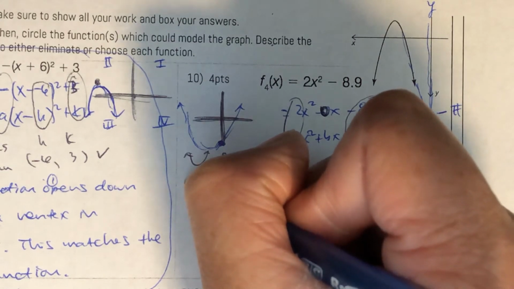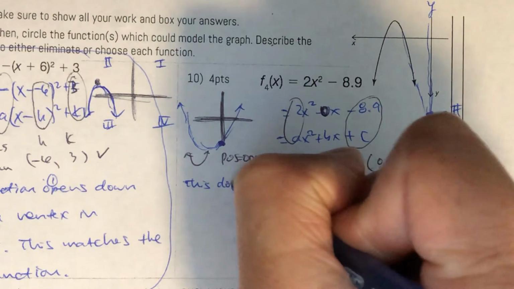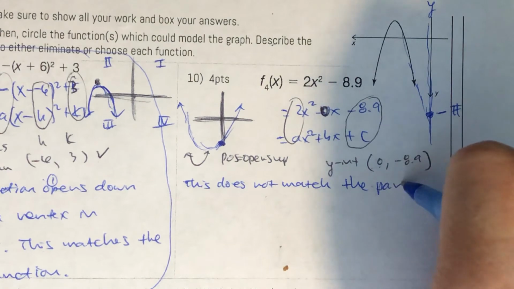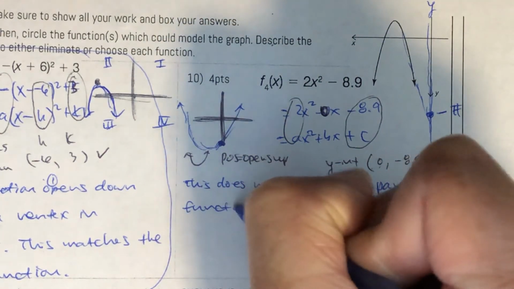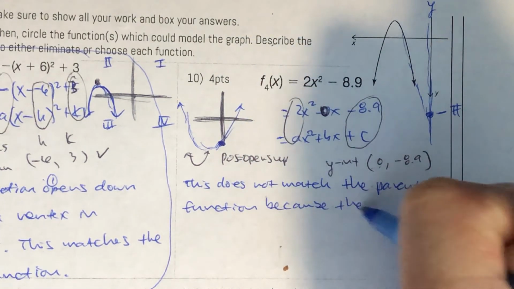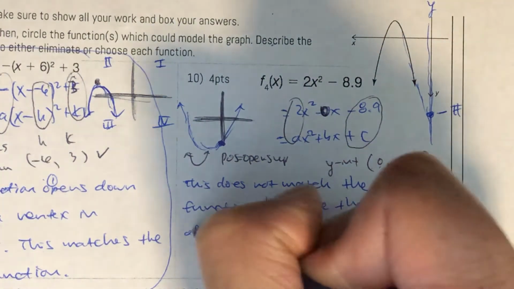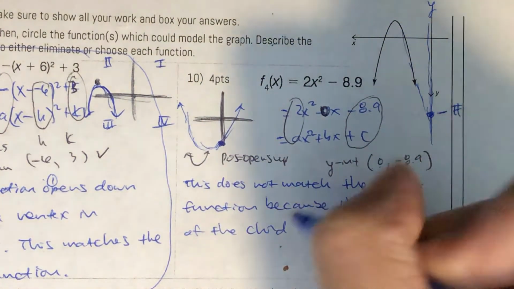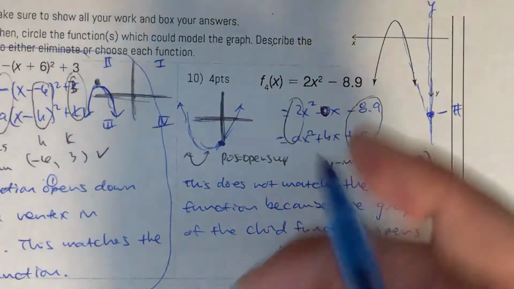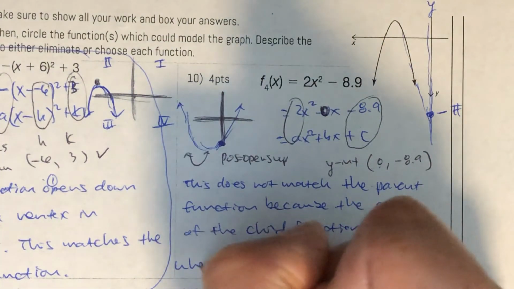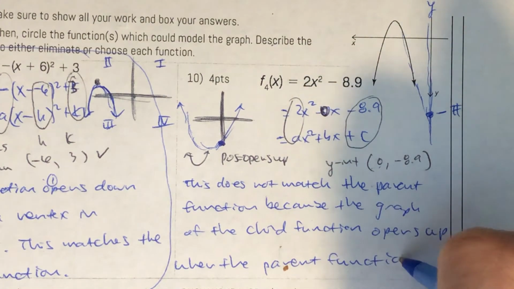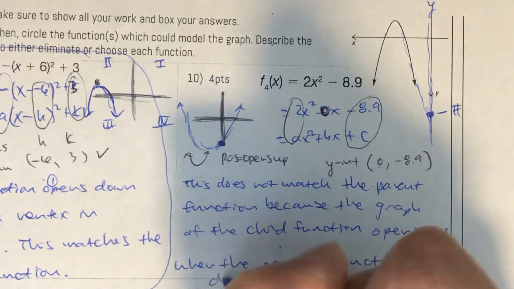So we can say this does not match the parent function. Here's my explain word, because the graph of the child function opens up when the parent function opens down.